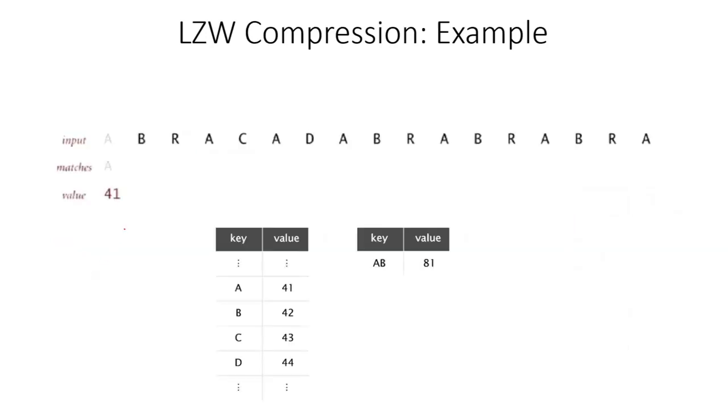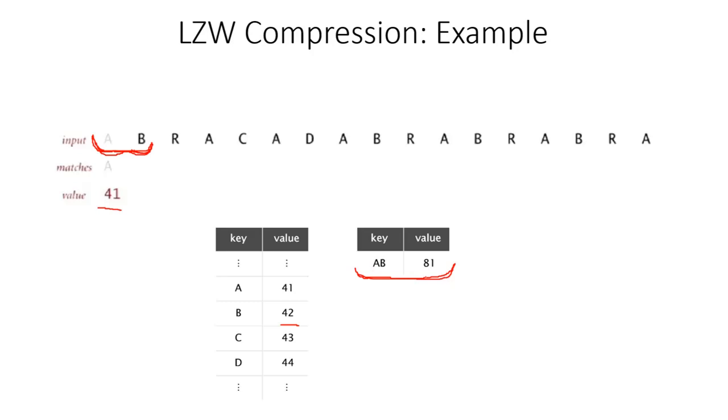What do we do? First, we meet A, and we say that the value is 41. Then we have B, and B's value is 42. But these two as a prefix we have never met, and that's why we say that AB is equal to 81.